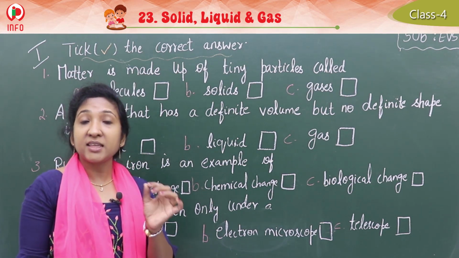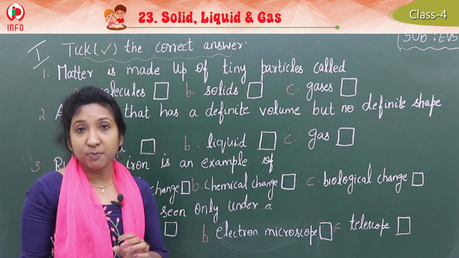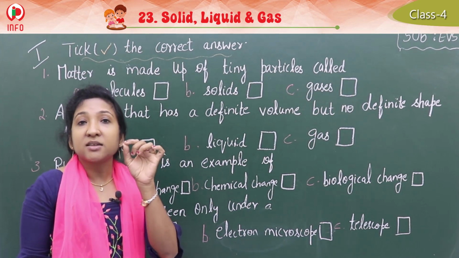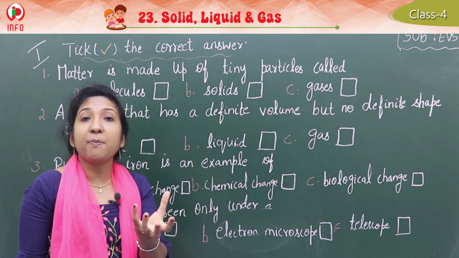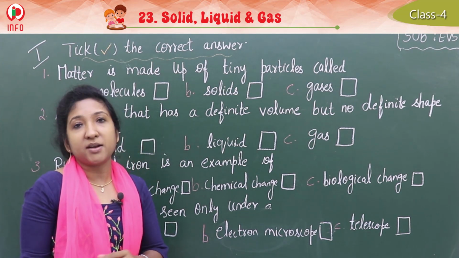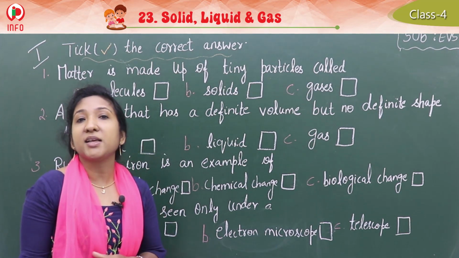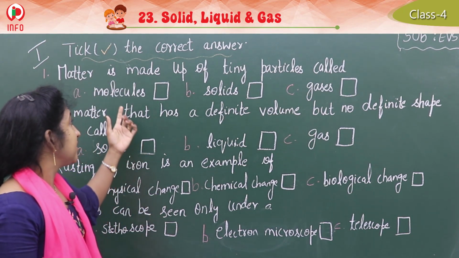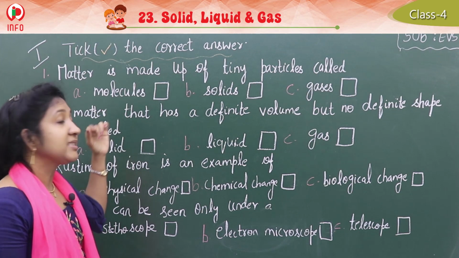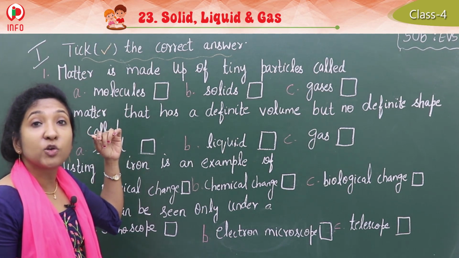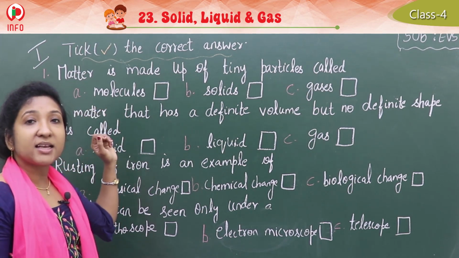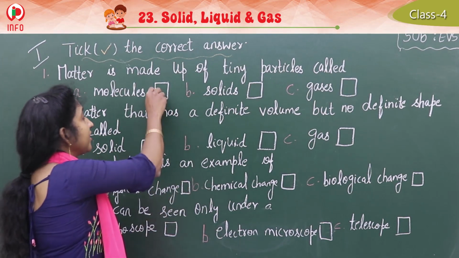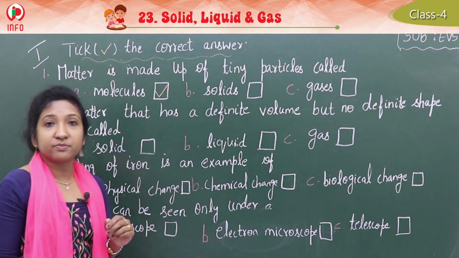Matter is anything that has mass and occupies space, and it is made up of tiny particles called molecules. M-O-L-E-C-U-L-E-S, molecules. Option A is the correct answer. So here you can give a tick mark.